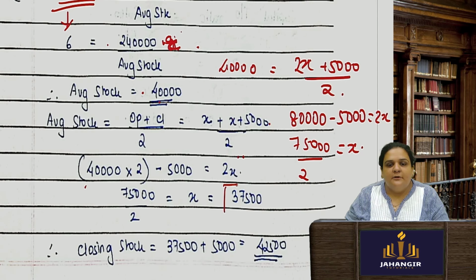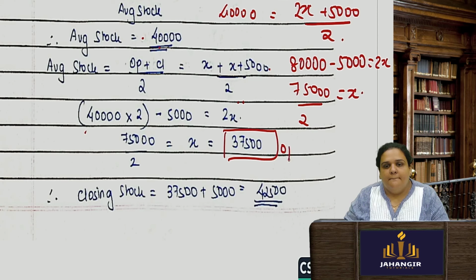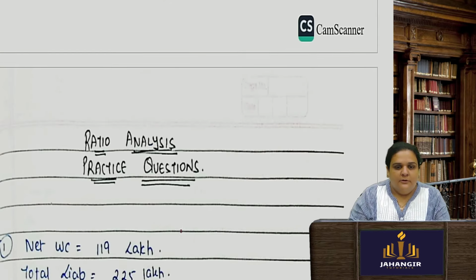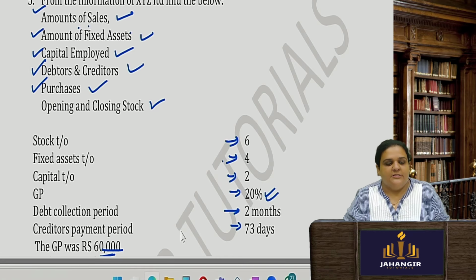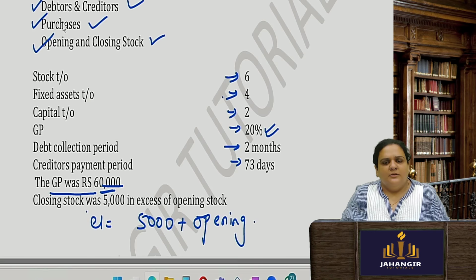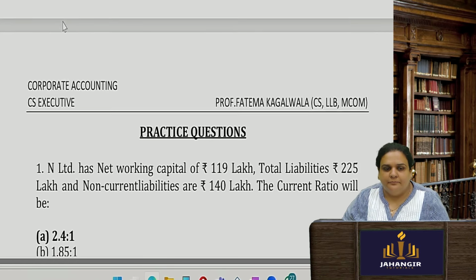So 37,500 is going to be my opening stock. Therefore, closing stock will be 37,500 plus 5,000, 42,500. Okay. So question number 5 is also done, opening stock, closing stock. All this we have to just use in order to find the answer.